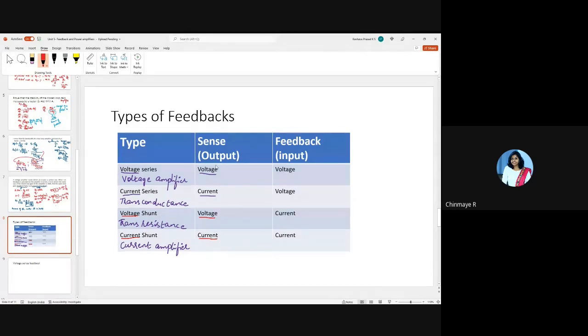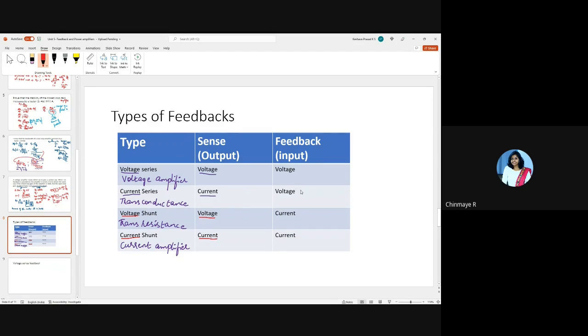So when the output is voltage and the input is also voltage, since voltage is fed back in series at the input, we call that voltage series feedback. If the output is current and it is fed back in the form of a voltage at the input, we call that current series feedback.